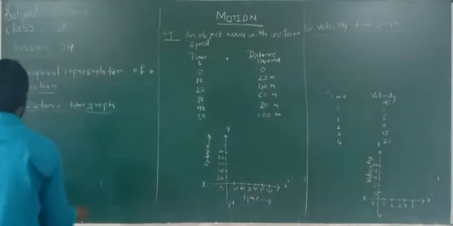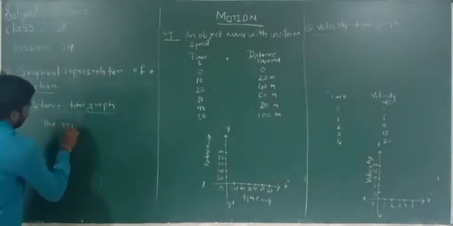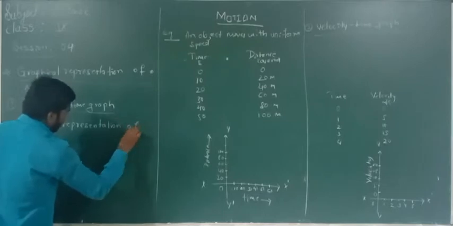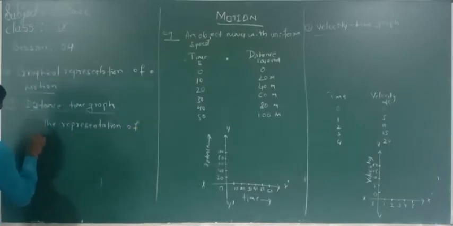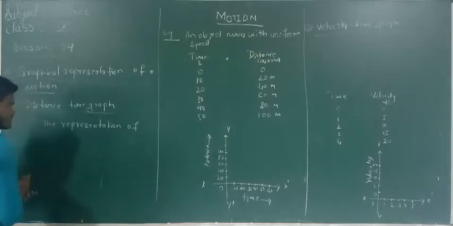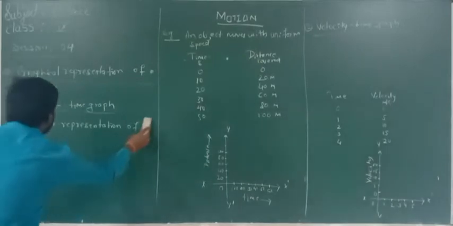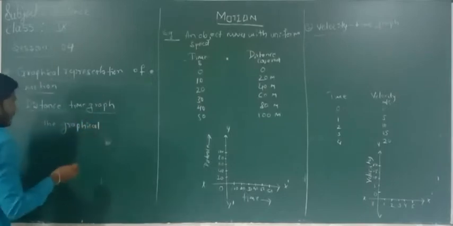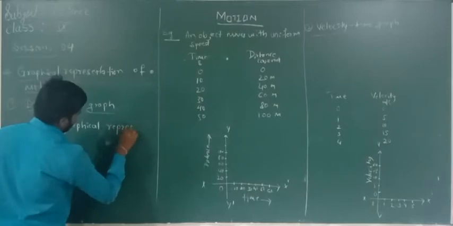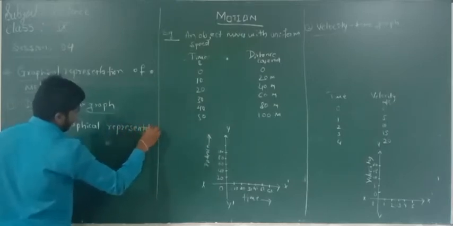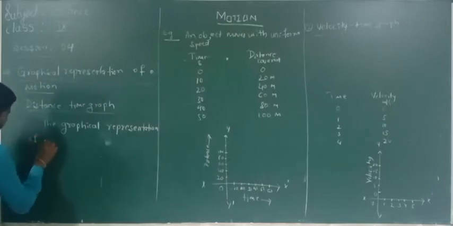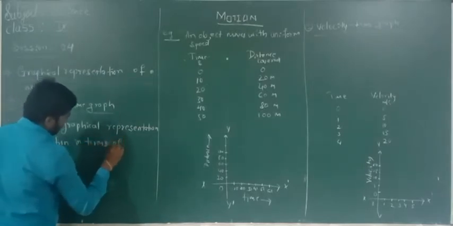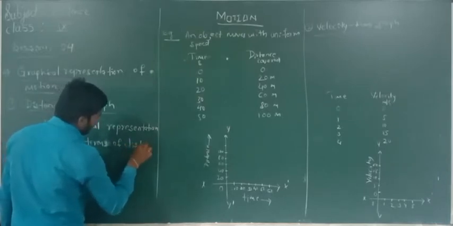The distance time graph is nothing but the graphical representation of motion in terms of distance and time.